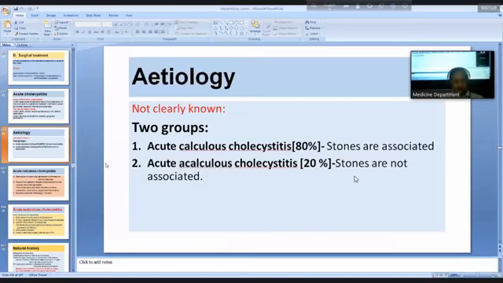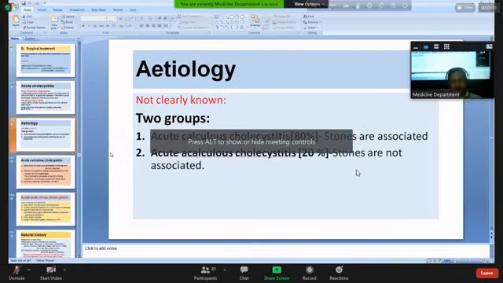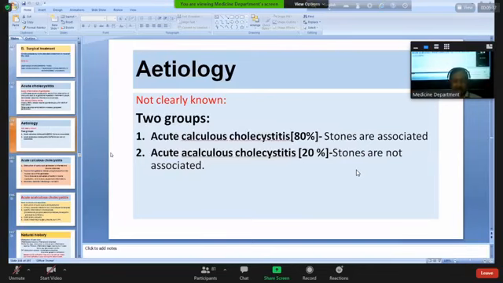So whenever we consider acute cholecystitis, we can say that it is of two types: acute calculous cholecystitis, that is, in 80% of cases it is associated with stone usually present in the gallbladder, and the attack starts when the stone impacts the Hartmann pouch or cystic duct.